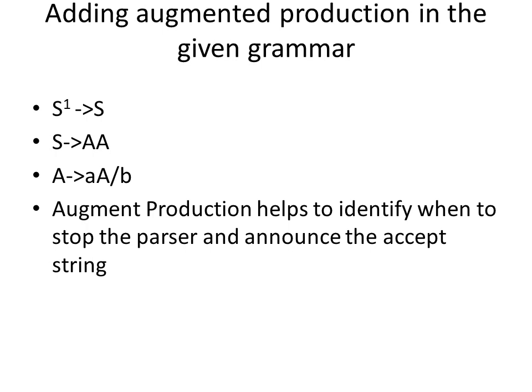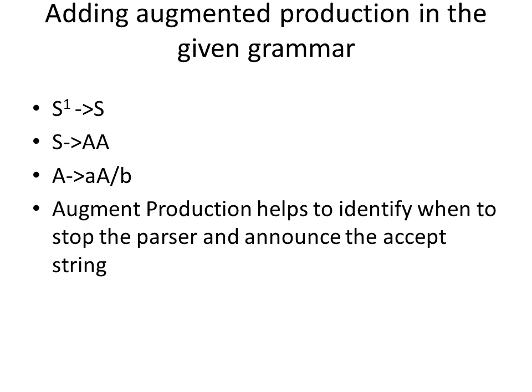So I have written one additional production which is S dash implies S. This is called augmented production. If we are able to write this type of additional production, then that is called augmented production. So we have added the augmented production.